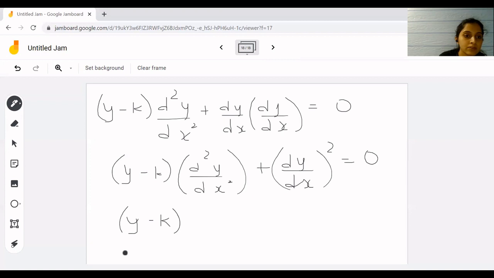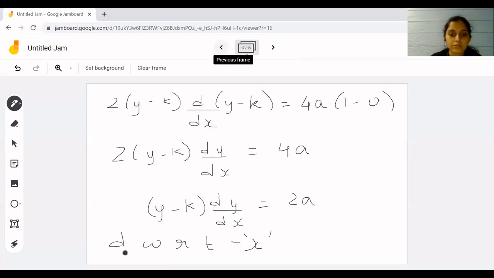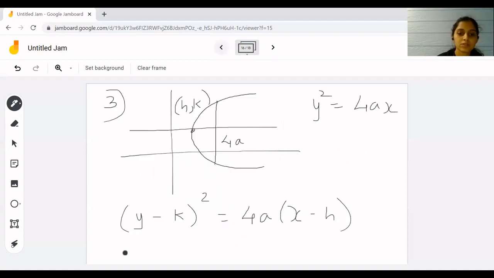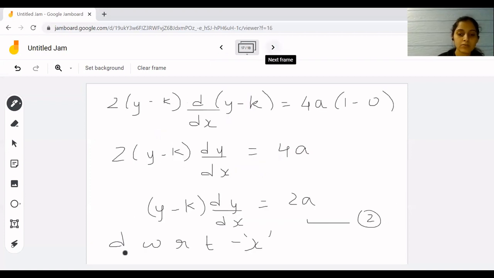If you observe the previous equation that we got in the first derivative, we did not number it, so let us number that one as 2 and your original equation as 1. From equation 2, I can write y minus k as 2a upon dy by dx. That way both my constants get eliminated.